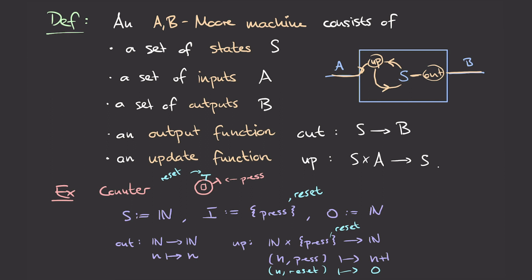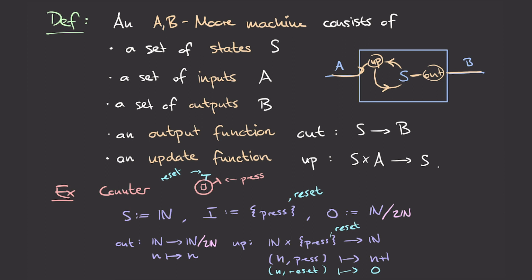So this would amount to having an output set, which is the set N mod 2N. So this just has two numbers, 0 and 1, where 0 represents the even numbers and 1 represents the odd numbers.